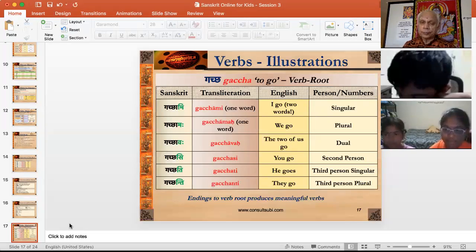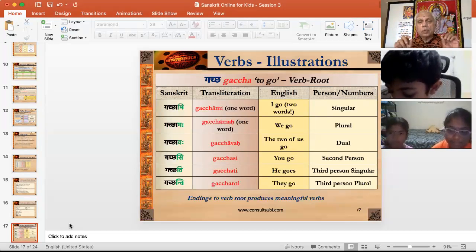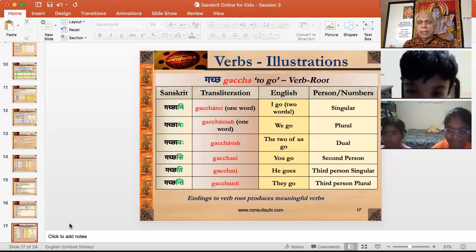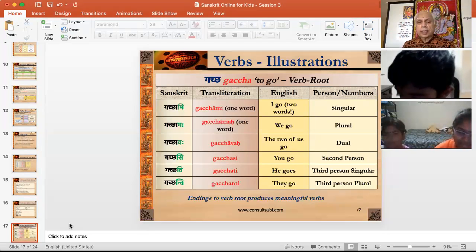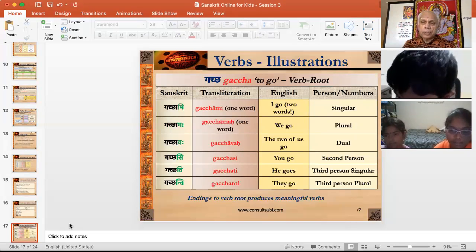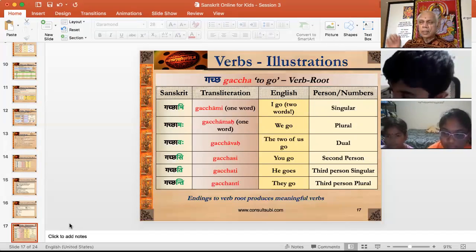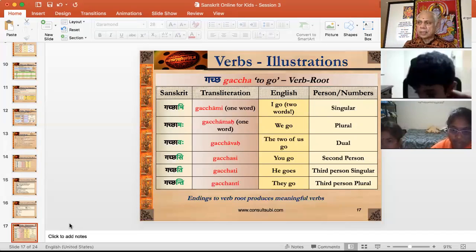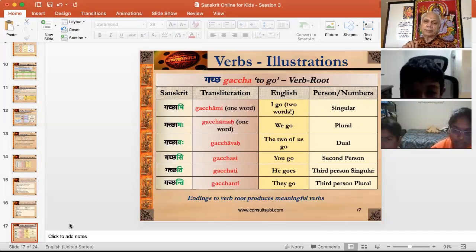Gachanti means they go. So one word called gacha, you see how the verbs are different depending on how many people are there and what is the number, whether it is I, first person, or the second person, or the third person, or it is one person, or two persons, or three persons. One single root has taken into 6 different forms. Gachami, gachamaha, gachavaha, gachasi, gachati, gachanti.